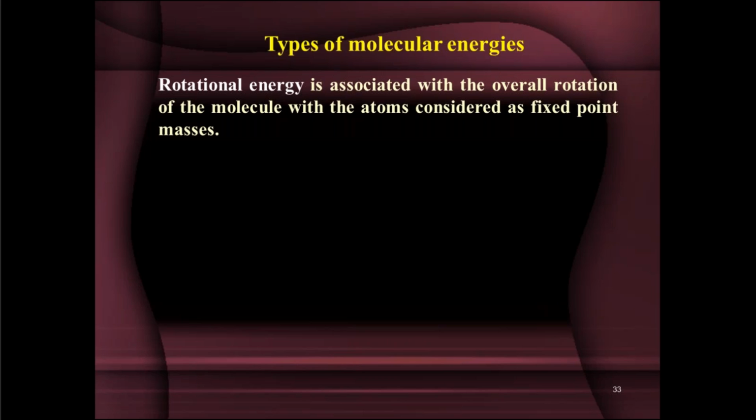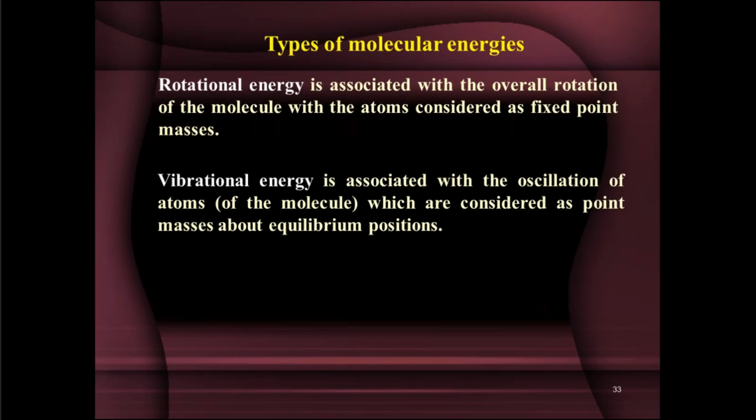These atoms are considered to be fixed in the molecule, and the rotation of the whole molecule, when you consider that none of the atoms are moving, the energy associated with that is the rotational energy. This is relatively lesser energy.